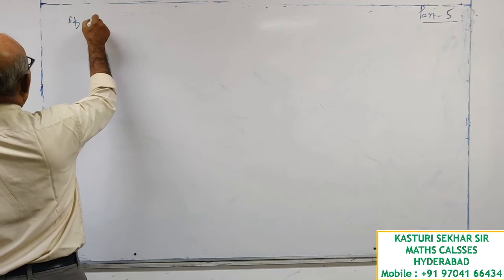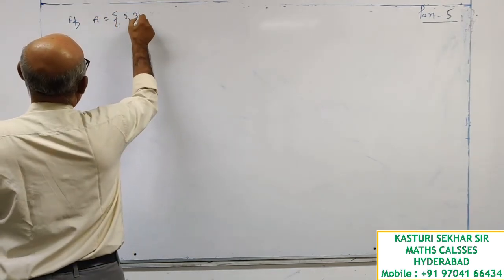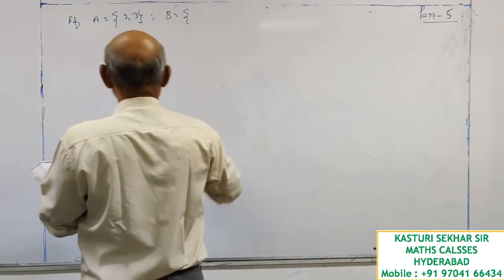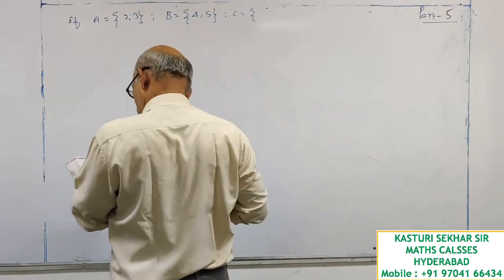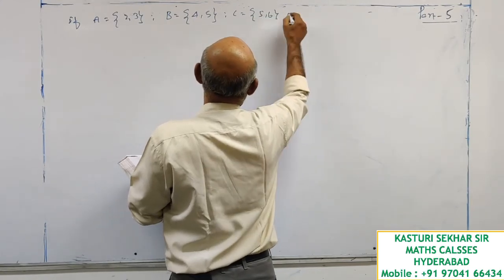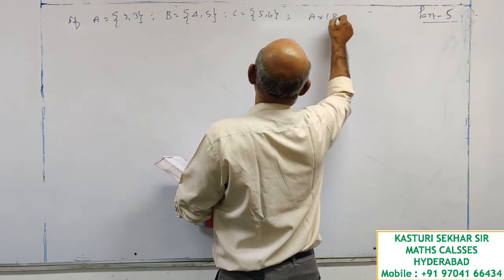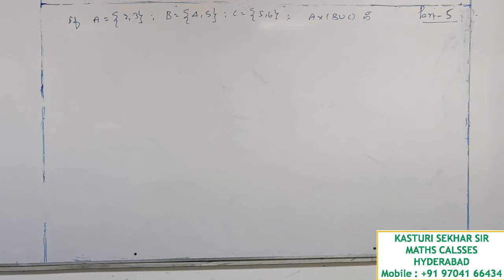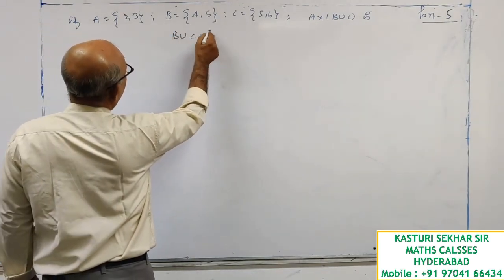If A is equal to 2, 3, B is equal to 4, 5, C is equal to 5, 6. Find A cross B union C. So first you write B union C, sir.